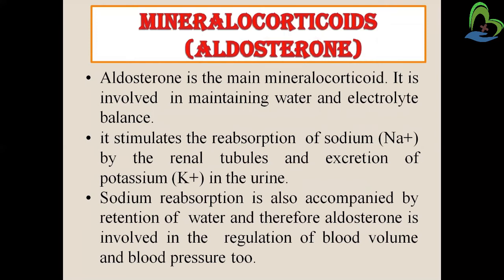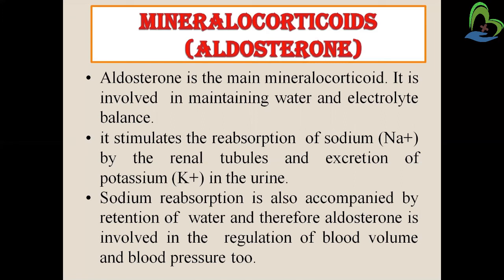Now coming to mineralocorticoids. Aldosterone is the main mineralocorticoid. It is involved in maintaining water and electrolyte balance. It stimulates the reabsorption of sodium by the renal tubules and the excretion of potassium in the urine.